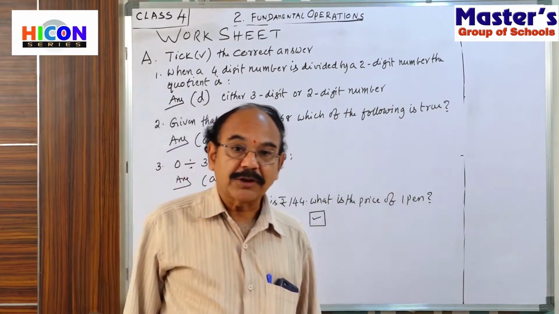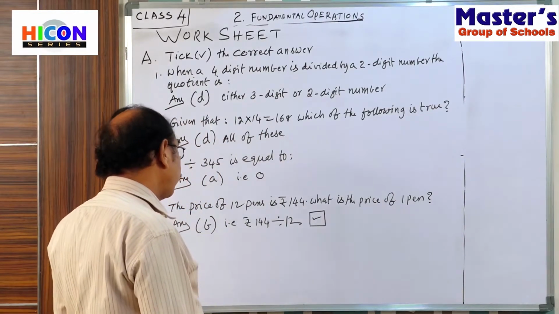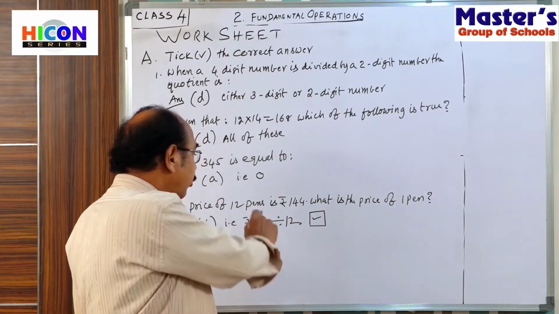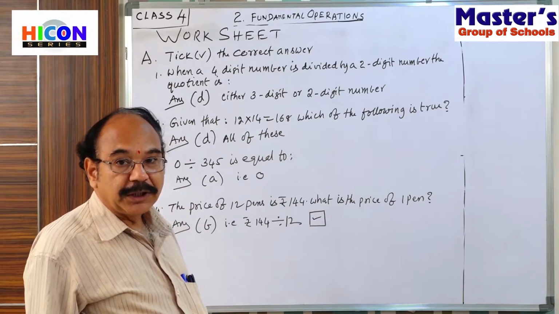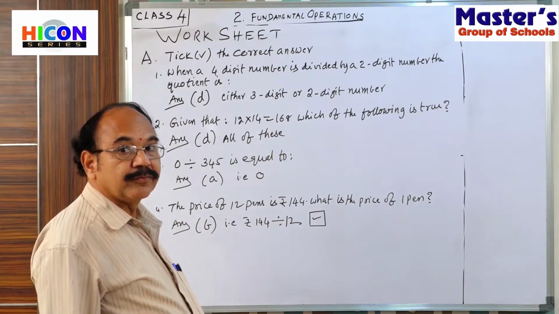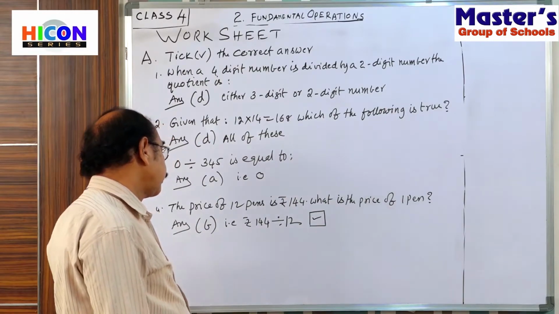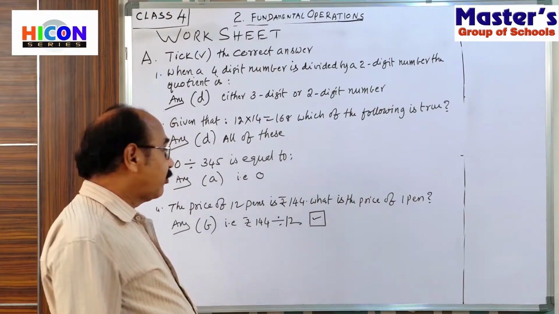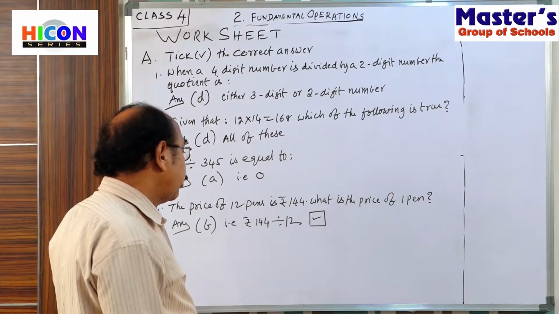To find the cost of 1 pen, we show the division work. 144 is to be divided by 12, because the cost of 12 pens is given. 12 12s are 144. So the price of 1 pen is 12 rupees.